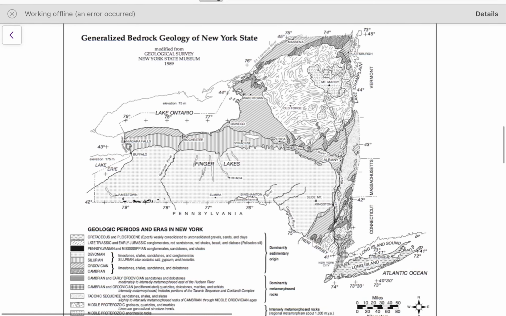So if we were to just take a few minutes, we have looked at this map before, but let's do a little review. We can look at this map. There are different rivers named on the map. For example, here we have the Genesee River. Down near Binghamton here we have the Susquehanna. The Hudson River is on this map.